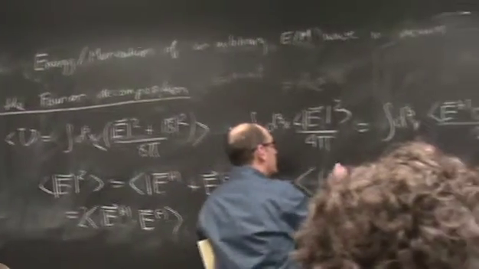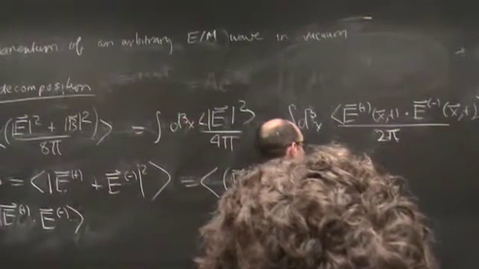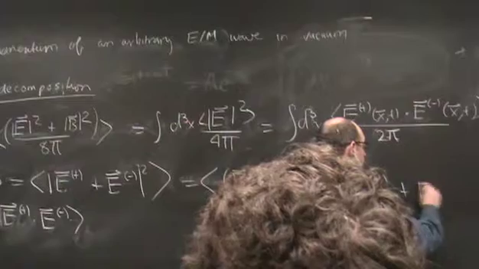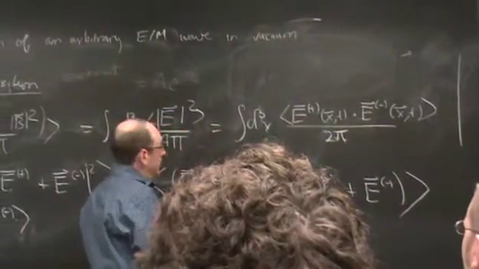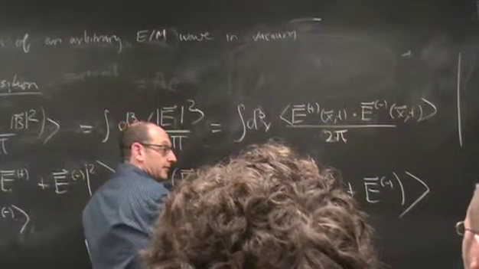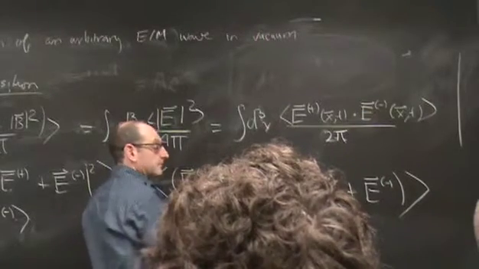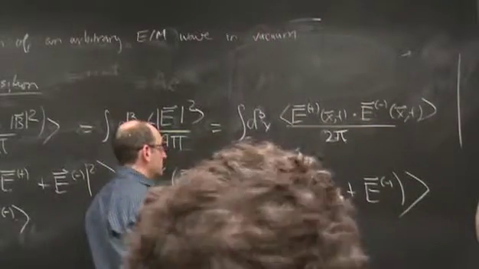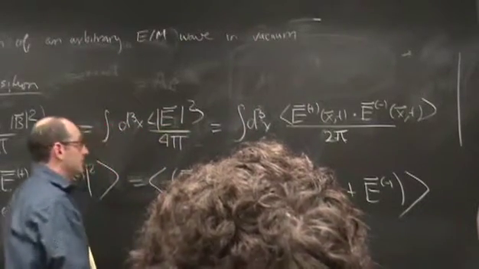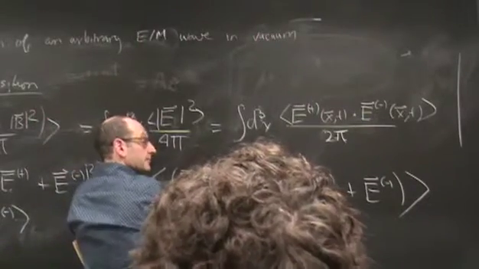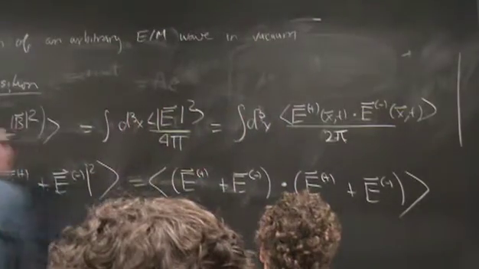This is the E plus plus E minus dotted into E plus plus E minus. These are complex. Each one of these is complex. I can think about this as twice the real part of this. Right, because the 2 vectors that you're dotting initially end up being real, so you never have to take the conjugate. That's correct. This itself is real. So I just multiply it by itself, not its conjugate. And that time average is equal to that.